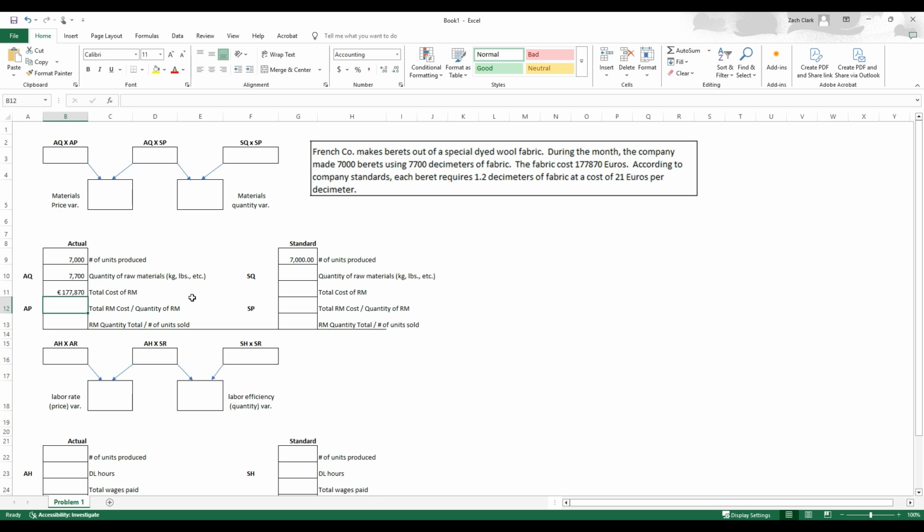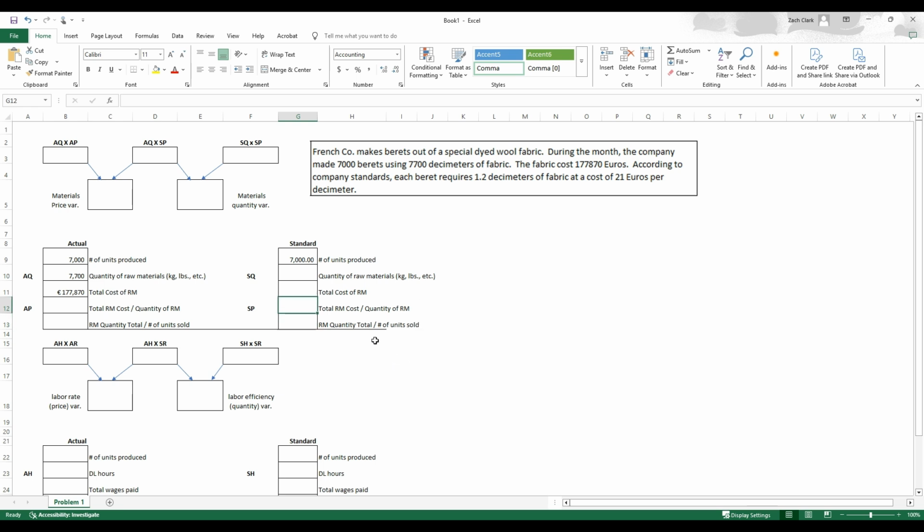So anyway, total raw materials and cost. And so here's what we know, right? This is our actuals. So let's take all our actuals out. And then we want to come over to our standards, and it talks a little bit about what our standards are. We see here that it says each unit produced requires 1.2 decimeters of fabric.